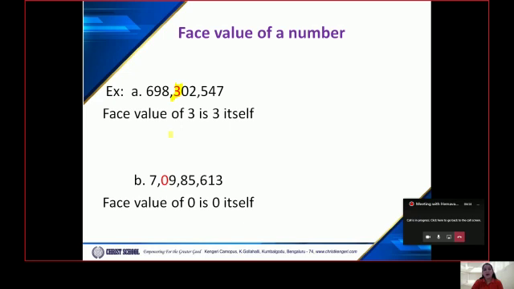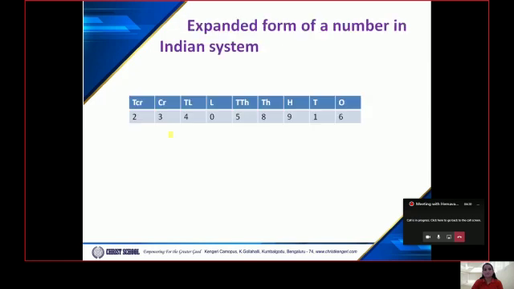Now let's see how to expand the given numbers by using the Indian number system. Expanded form of a number in the Indian system we are going to see. Let us take up the example. Whenever the example is given, you have to be ready with the place value chart. Otherwise, you have to write the places on top of the numbers.